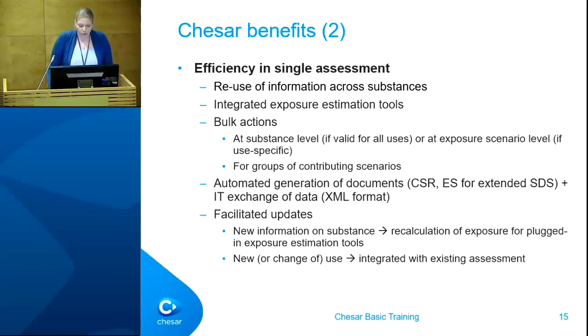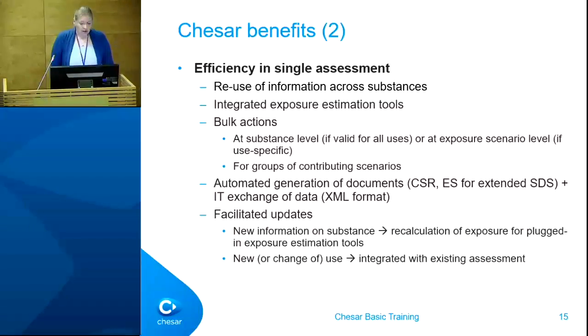There are different ways to perform these bulk actions. Of course, very efficient is also that you can generate your chemical safety report and your exposure scenarios with just one click. No manual editing in Word, and also the possibility to export in this XML format.